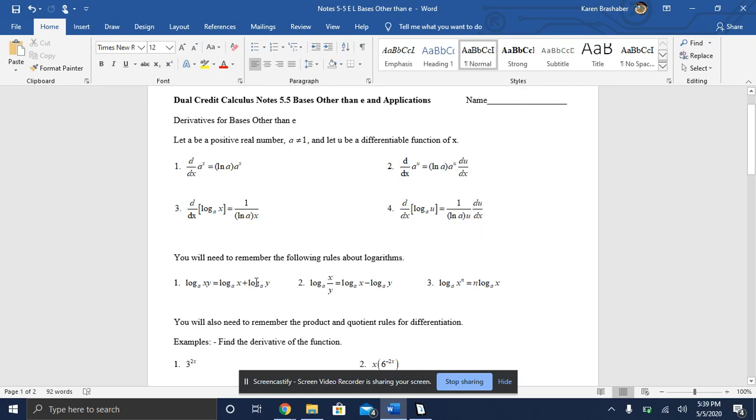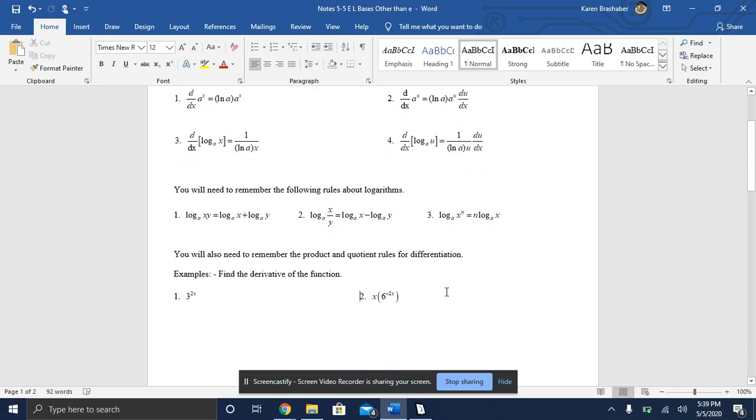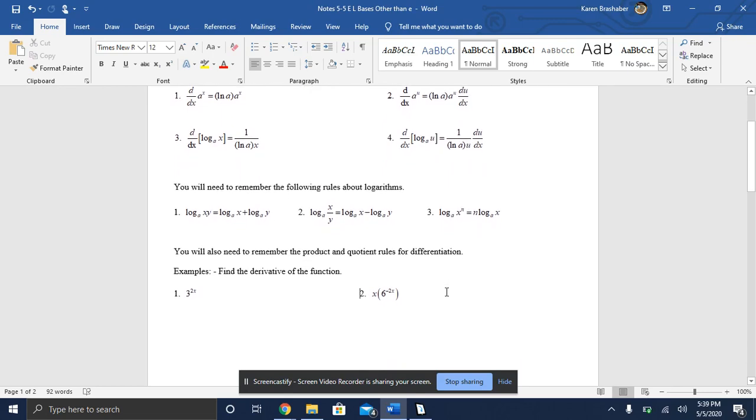I've got your 3 properties of logarithms that you may have to use along the way, and a reminder that all other derivative rules still apply, like product and quotient and chain rule.